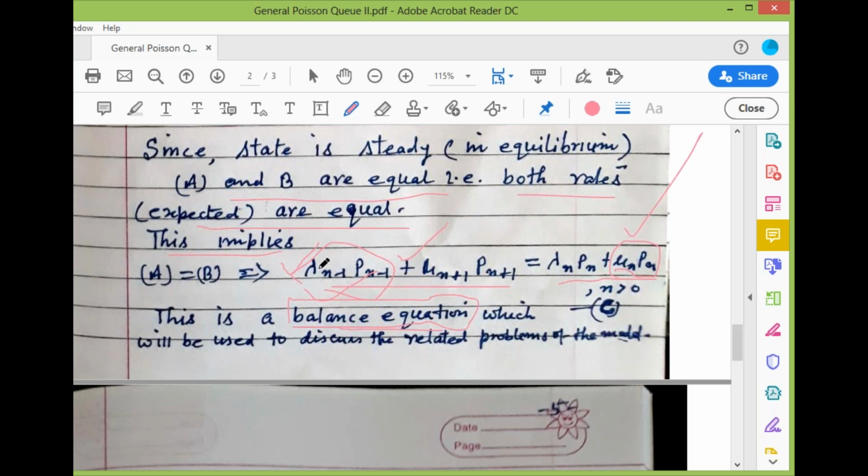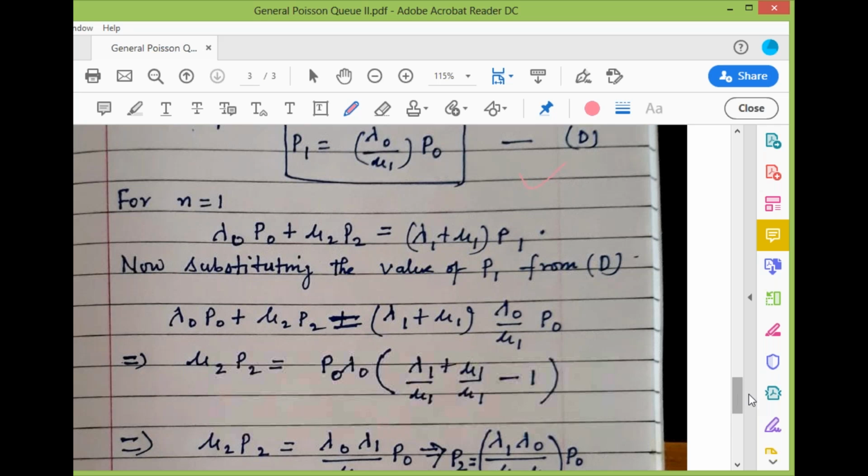For n equal to 1, we get lambda 0 P 0, mu 2 P 2, lambda 1 P 1, mu 1 P 1. The same thing we have got here. You look at lambda 0 P 0, mu 2 P 2, and lambda 1 plus mu 1, P1 is common here.